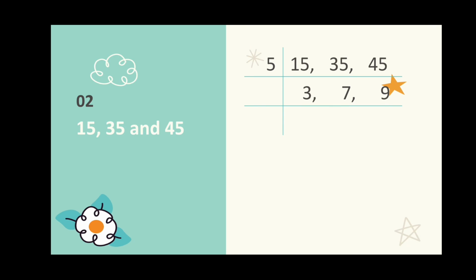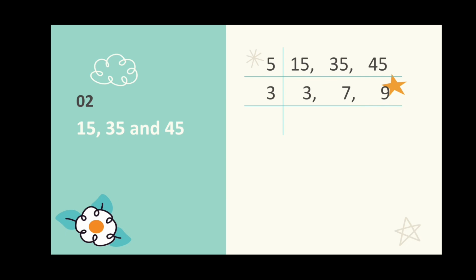Okay, next. So what do you think is the common factor of 3, 7, and 9 na prime number? Okay, so walang common factor ang 3, 7, and 9, but may common factor ang 3 at 9 except 1, and that number is 3. So we're going to divide them by 3.